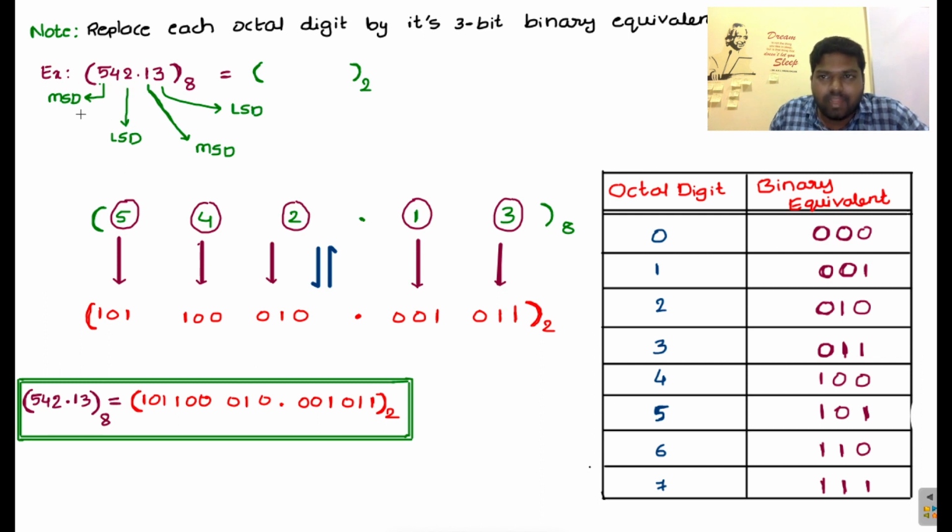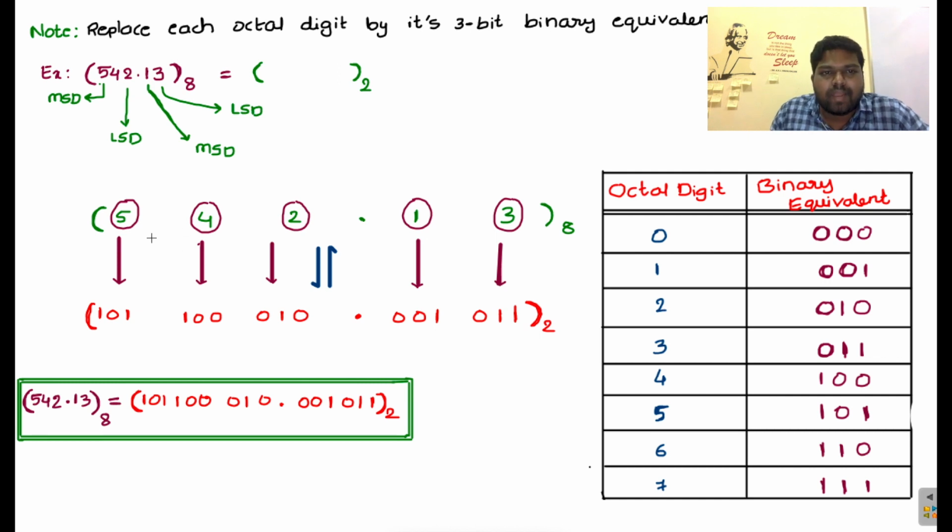That is very important. First focus on the integer, and after that on the fractional portion. For the fractional portion, you move from the most significant digit to the least significant digit. That is very important.